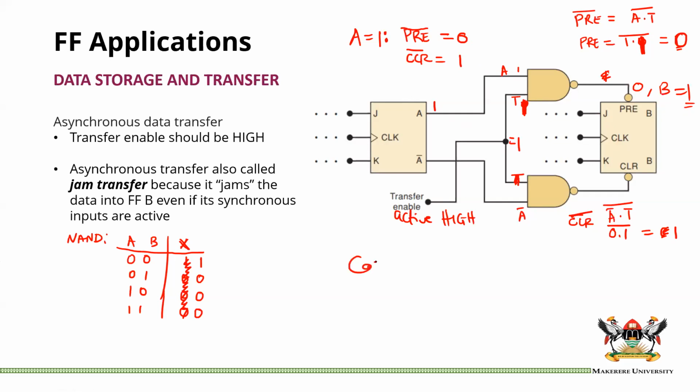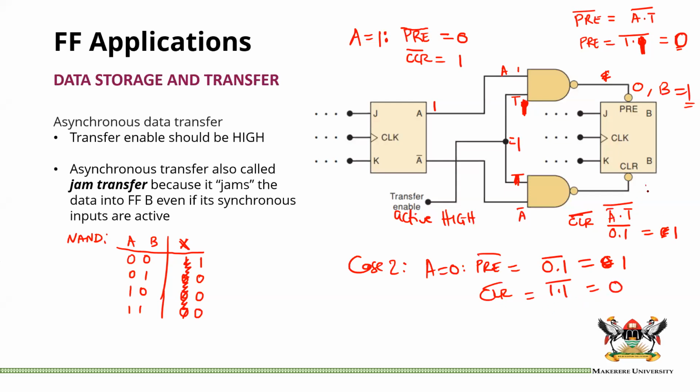If we look at case 2, where A is 0, our preset will be equal to A, which is 0, and T is 1 with a bar, which is actually 1. And our clear will be A inverse, which is now a 1, and the 1 with a bar, which is actually a 0.